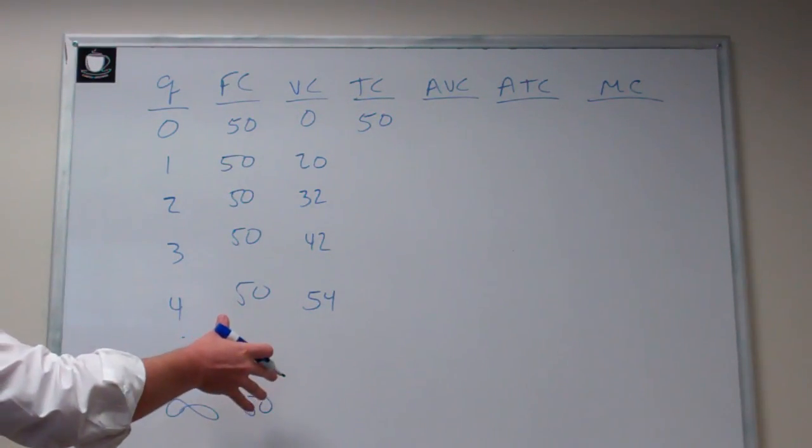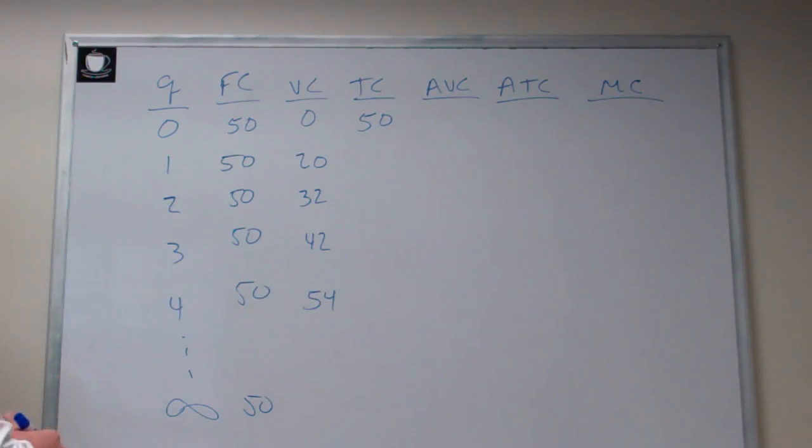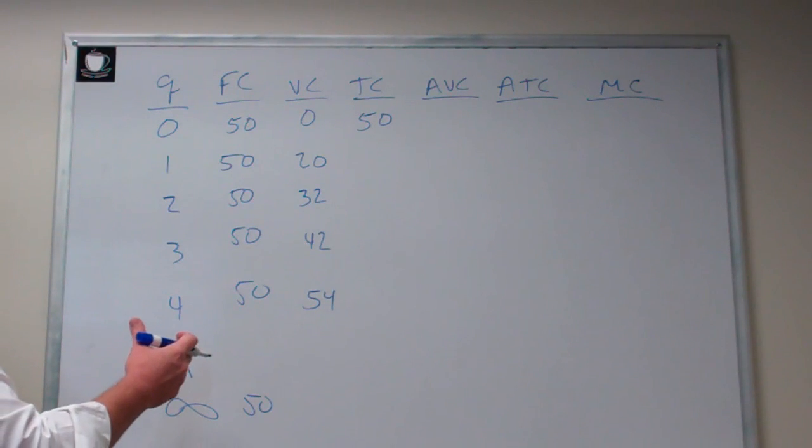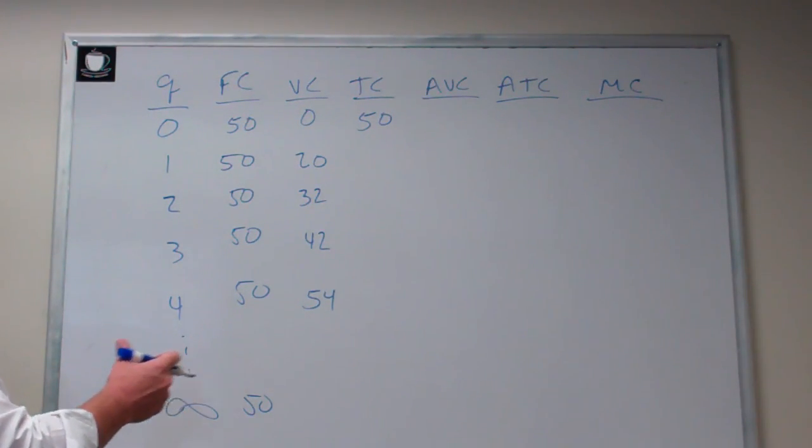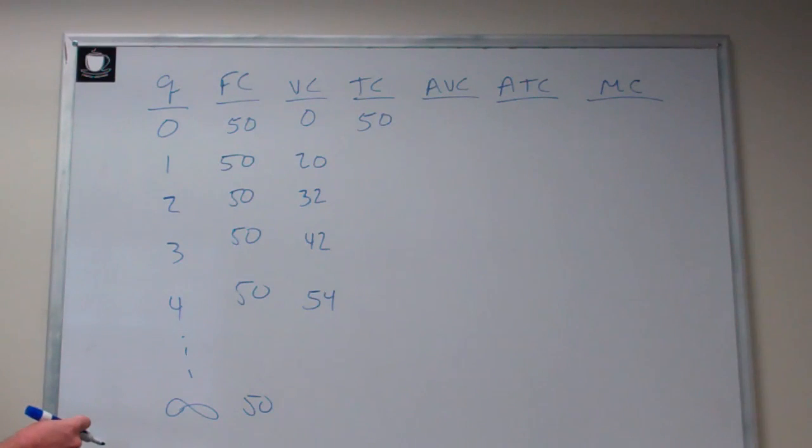Now I've got variable costs here in this column, and variable costs you can think of as wages that have to be paid to workers, or they also might be payments made to suppliers of inputs. The more that I produce, the more I'm going to have to pay suppliers who supply me the inputs needed for this production process.